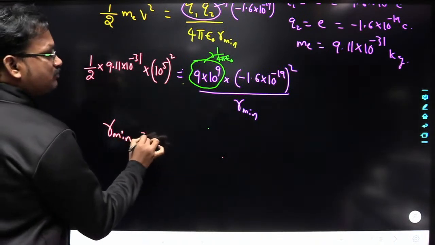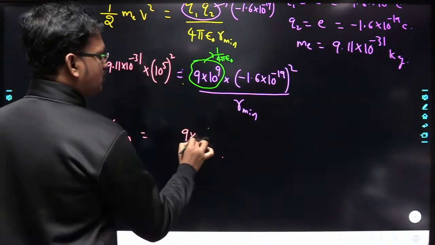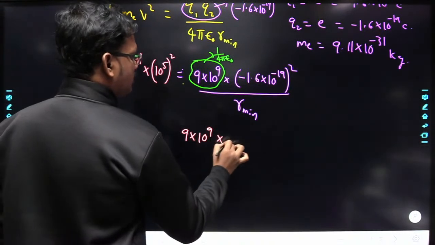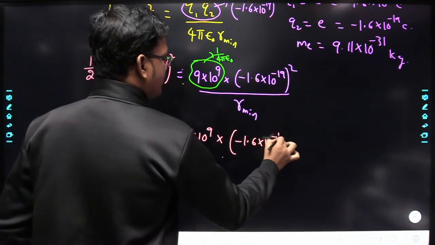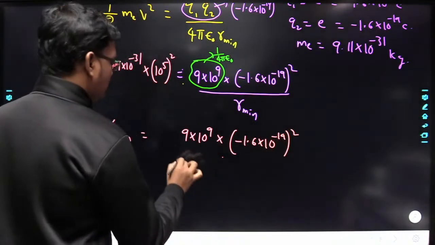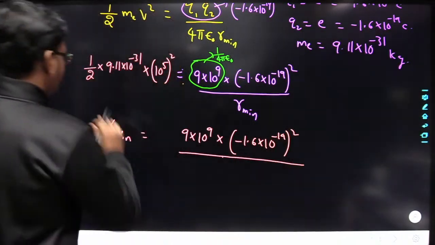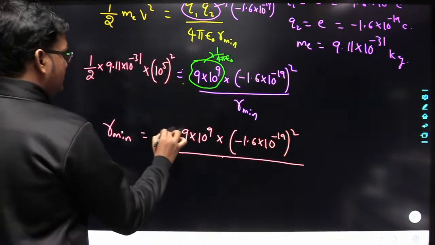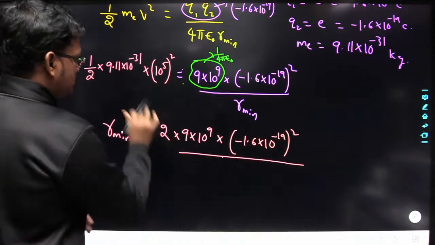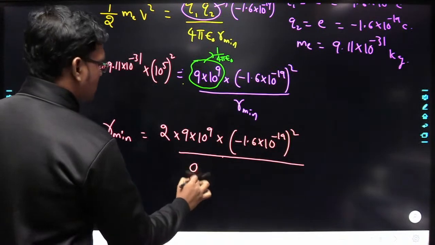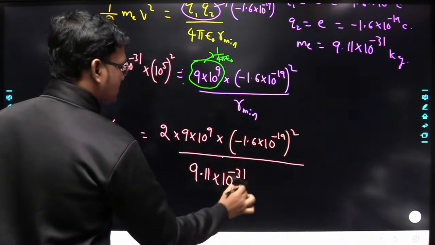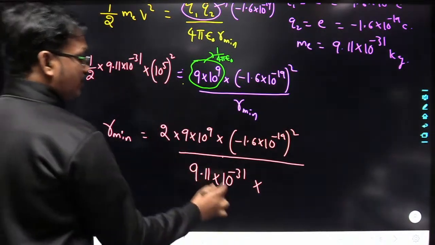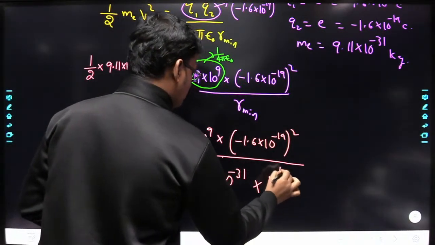So R minimum is equal to 9 into 10 to the power of 9 into minus 1.6 into 10 to the power of minus 19 whole square divided by, if you send 2 to this side, you will get 2 here, and this total term will go to the denominator. So that is 9.11 into 10 to the power of minus 31 into 10 to the power of 5 whole square, that is 10 to the power of 10.